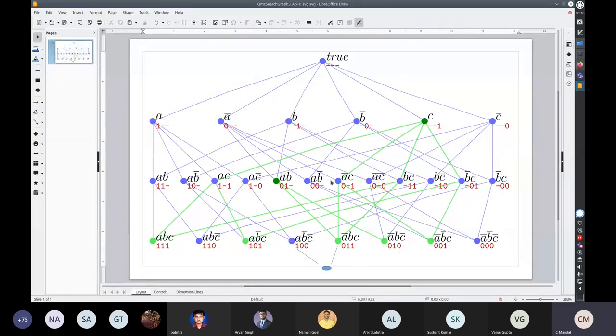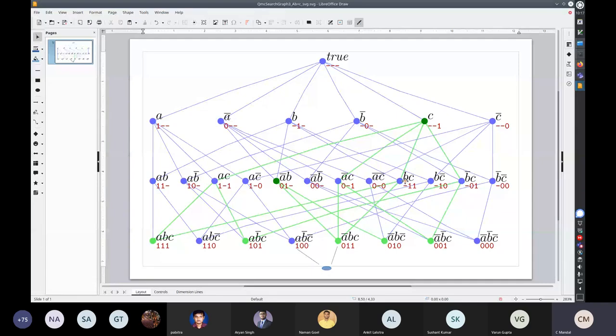It has to be pairs of adjacent nodes. So you can create C from AC and A bar C. You can create C from BC and B bar C. So you can create C in multiple ways, from adjacent pairs of nodes at this level.